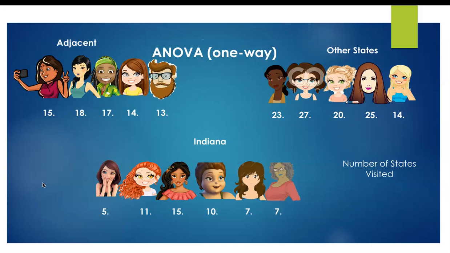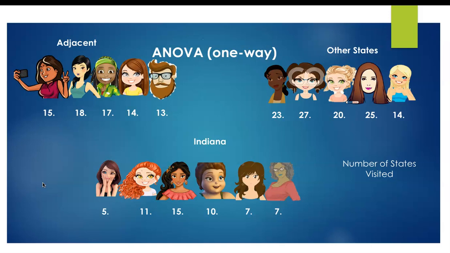So we're examining college students and we're grouping them by state, but the important thing here is: do those people who went to college in state travel less than those who traveled from an adjacent state to get here, compared to those who traveled even farther?